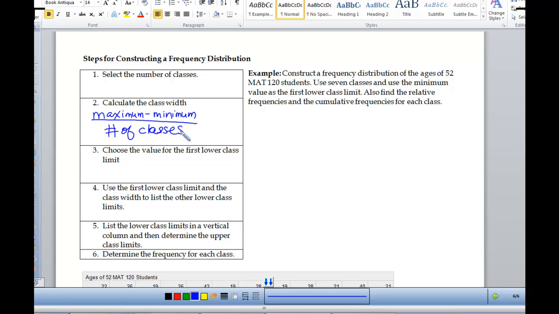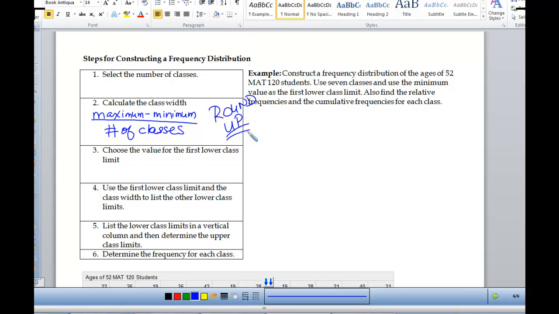And then we're going to round up. Always round up for this. Okay, round up.